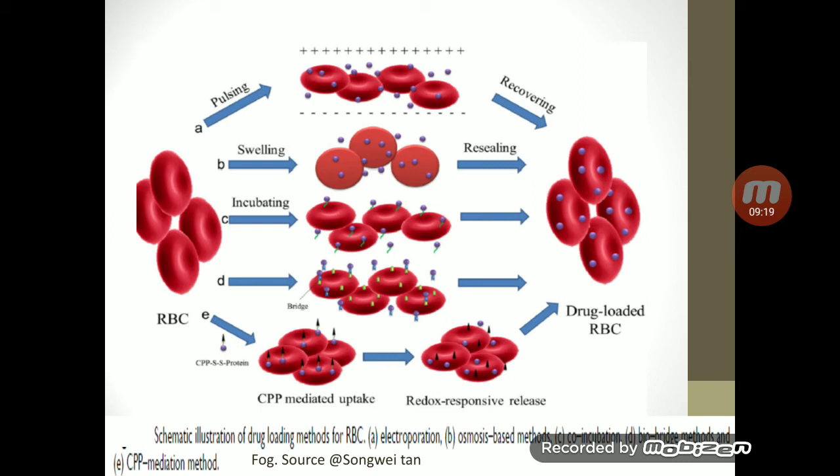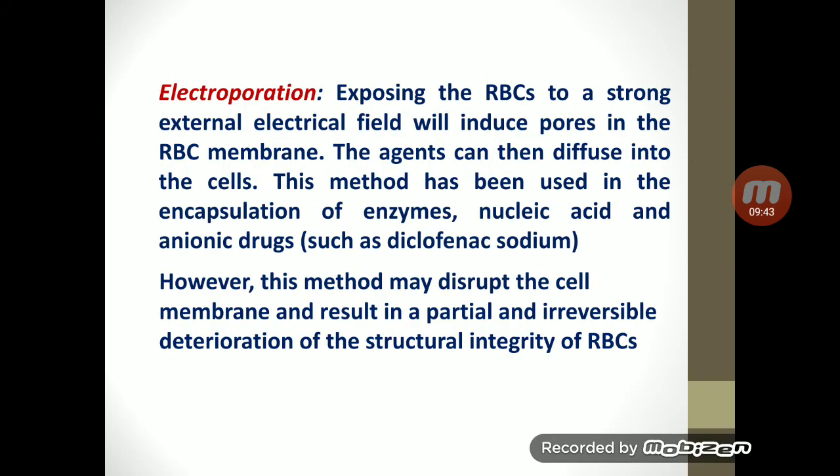We will see in detail one by one, but in the first figure it is electroporation, then in the second figure it is osmosis based, that is B, then the third is the co-incubation method, then D is the BioBridge method, and E is the CPP mediation method. These are the various methods by which we can load the drug in RBCs. We'll see them one by one.